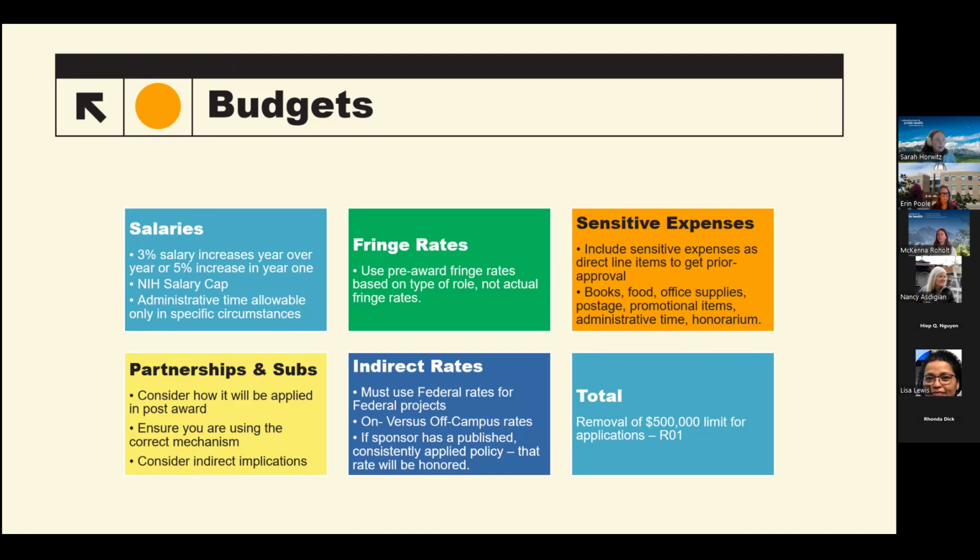We haven't gotten much guidance from the school about how much our budgets should be, but we have discussed this with other units, and the general guidance is to still keep close to the 500,000, but it's okay to go over as long as you can justify those additional funds. Use this as an opportunity to discuss with your PO if you're not sure, to get their opinion about going over that 500,000 and whether or not it's justifiable.